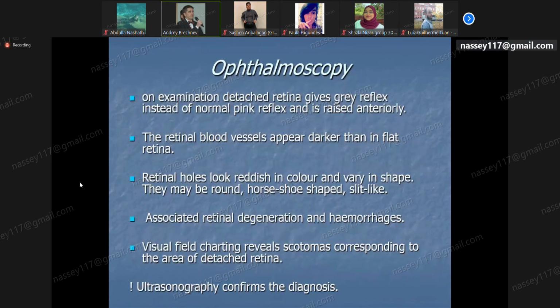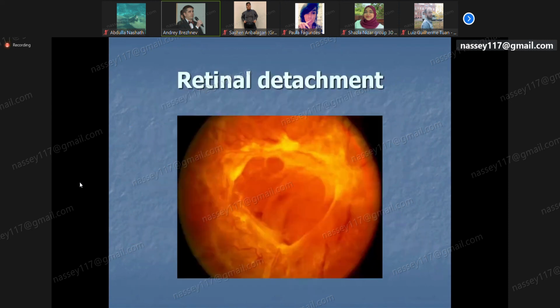During ophthalmoscopy, on examination, here you see detached retina on the periphery. Detached retina gives a gray reflex instead of the normal pink reflex and is raised anteriorly. This may be small or may assume the shape of balloons in large bullous retinal detachment. The retinal blood vessels appear darker than in flat, normal retina.